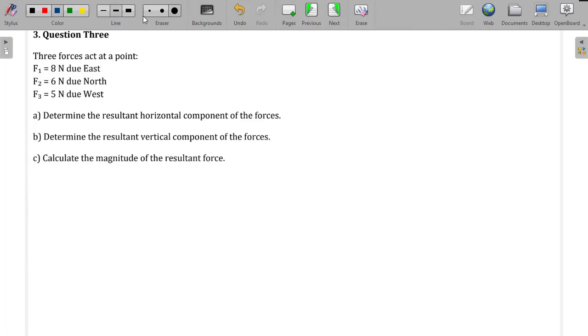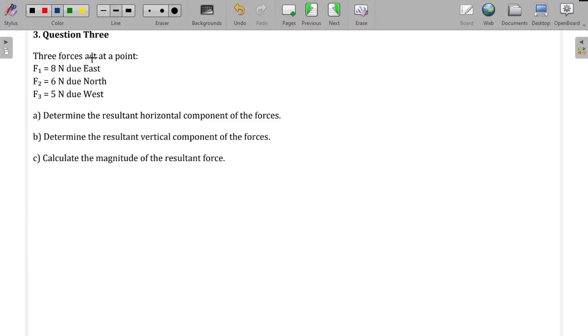So there are three forces in this particular case that are acting at a point. The first thing is they want us to determine the resultant component in the x-axis, the resultant component in the y-axis, then calculate the magnitude of the resultant force.